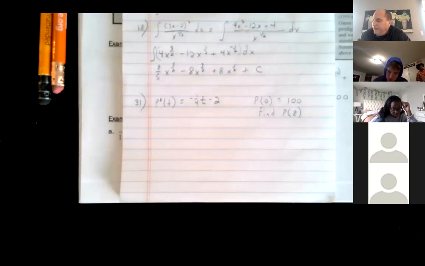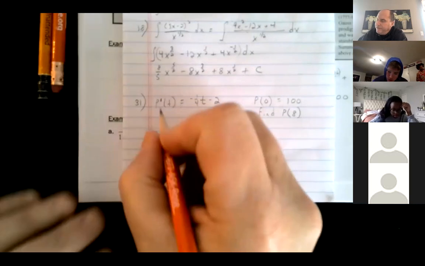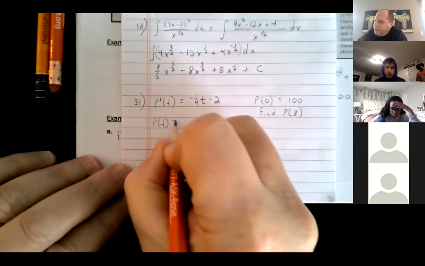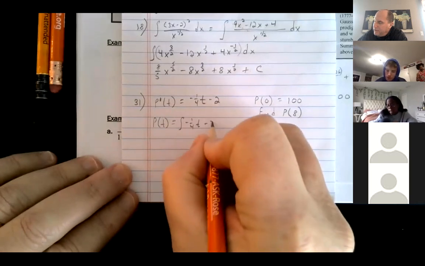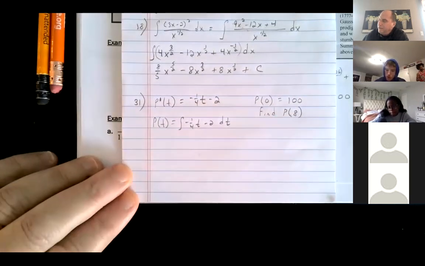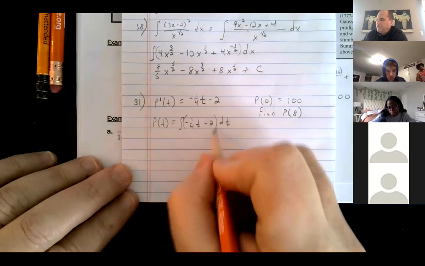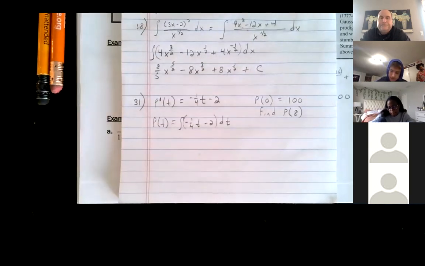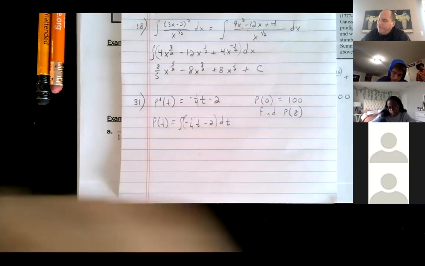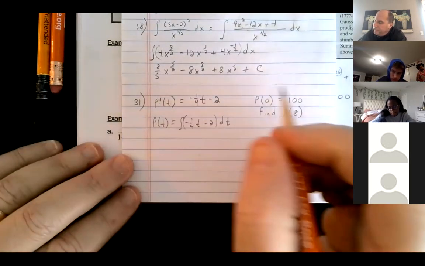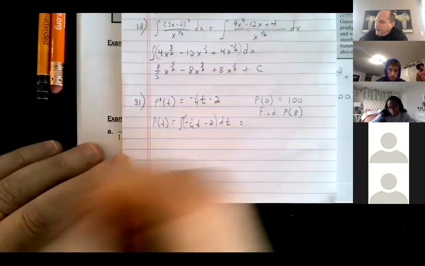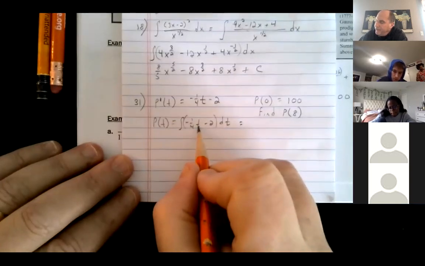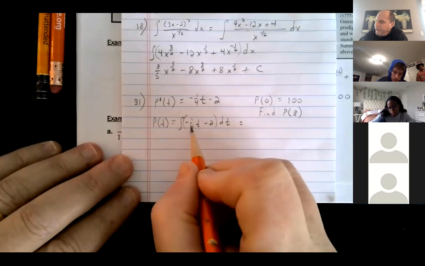So P of t is going to be the antiderivative of this, right? So what's my antiderivative? Power rule again. Add 1 to the exponent, that would be 2, and divide by 2.